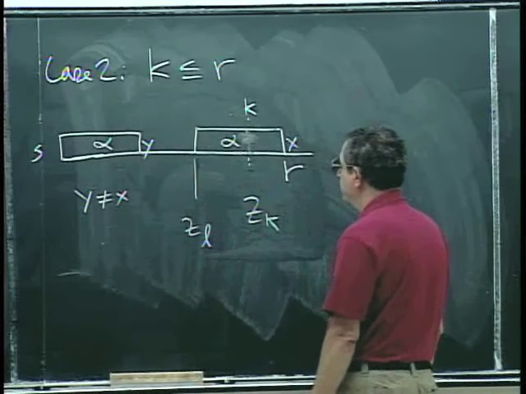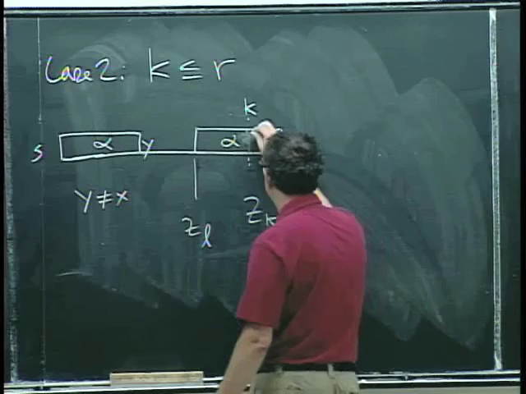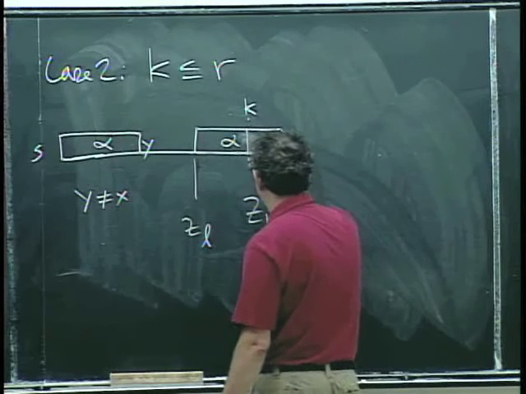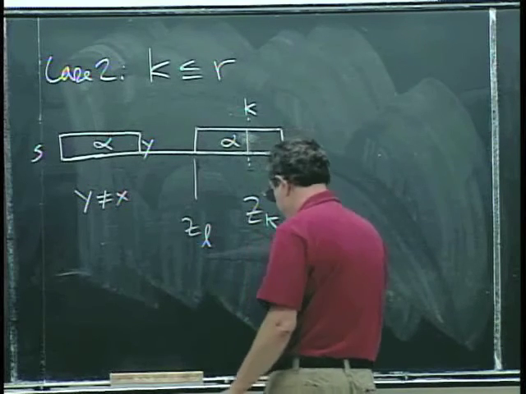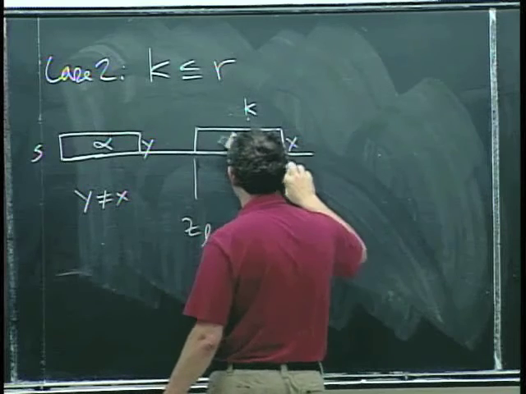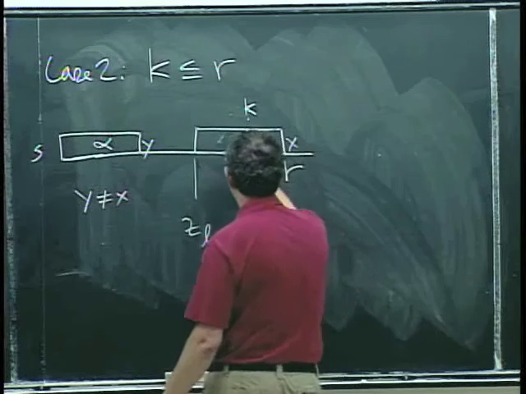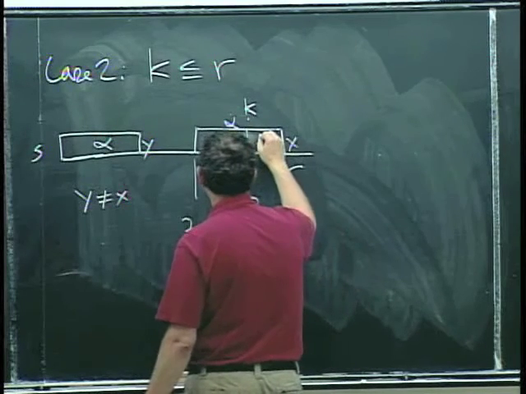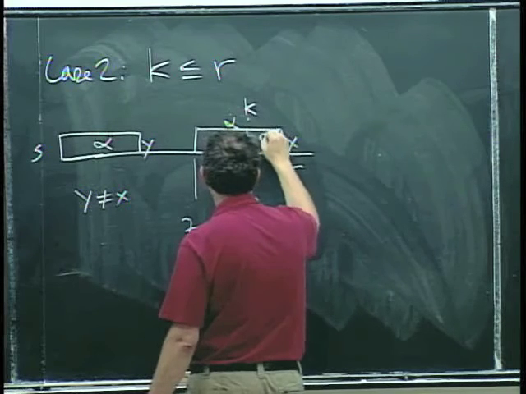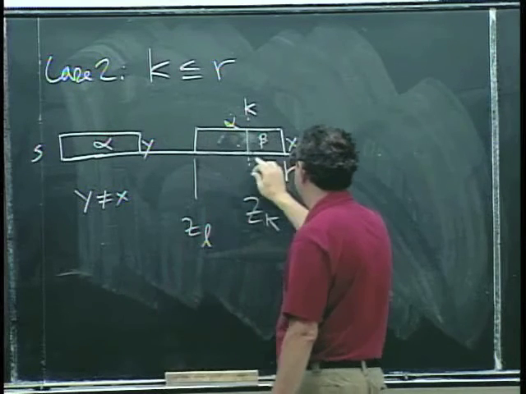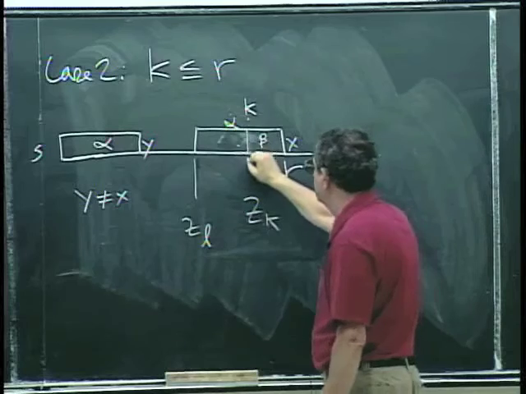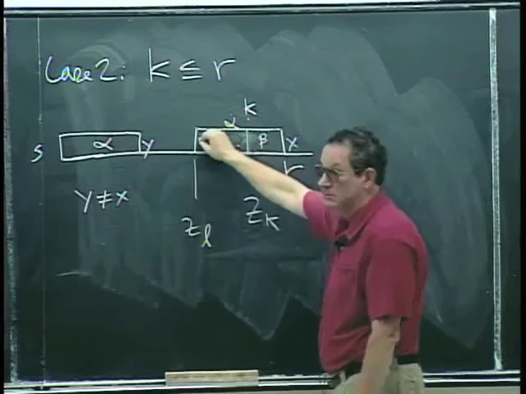All right, now just to facilitate the argument, I'm going to call the substring inside here beta. So alpha is the whole thing.